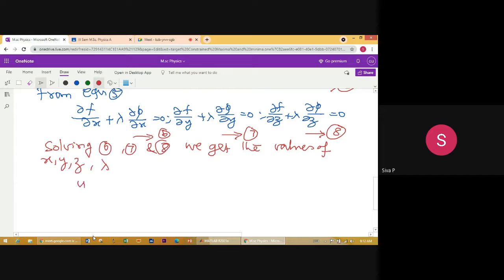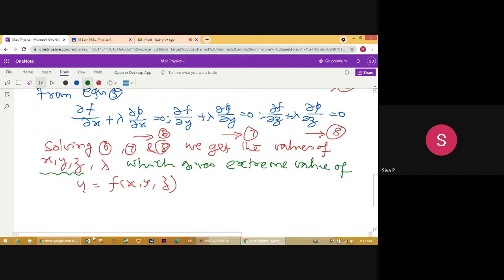What is u? u is a function of x, y, z. So once you get the values of x, y, z, we get the value of u. That value is the extreme value of u.